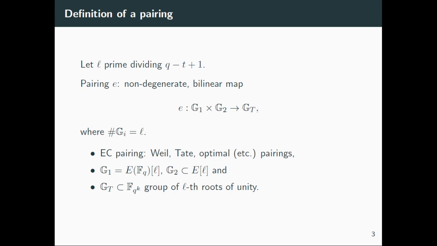The groups G1 and G2 are subgroups of the L-torsion, that is, the points of order dividing L. G1 is more specifically the intersection of the group of F_q-rational points with the group of L-torsion. GT is the group of L-th roots of unity in an extension of degree k of F_q.